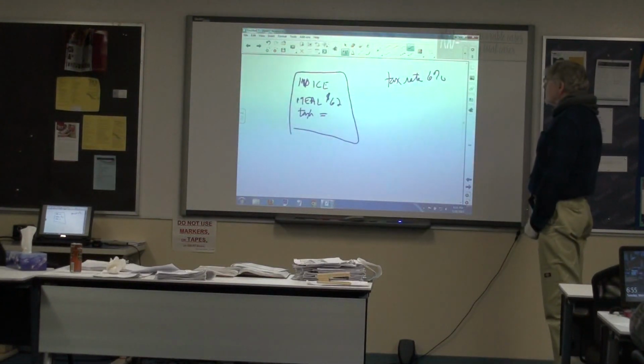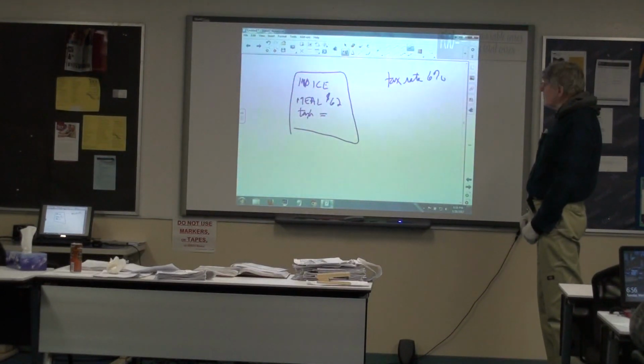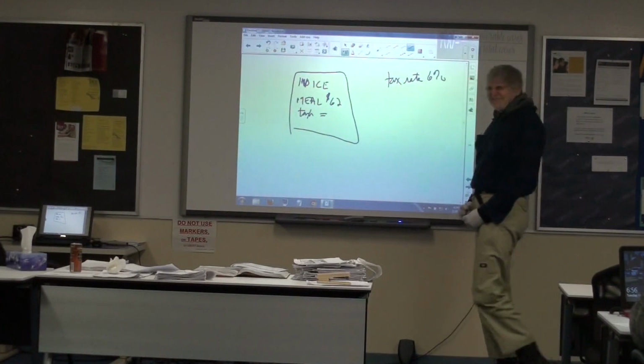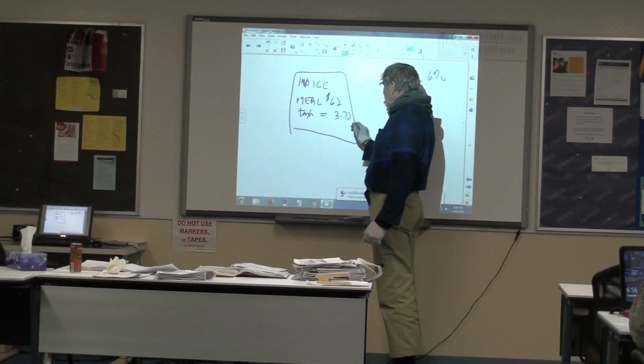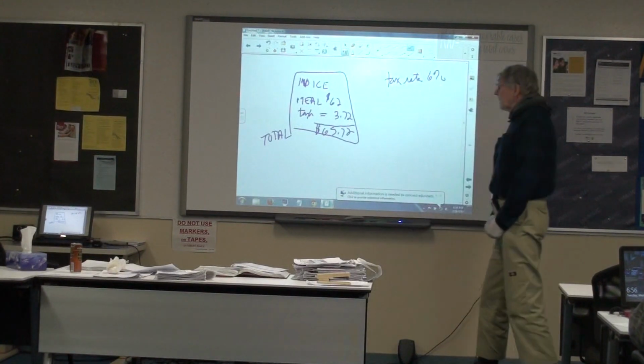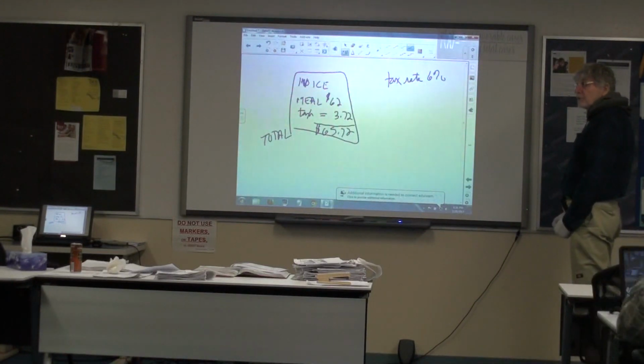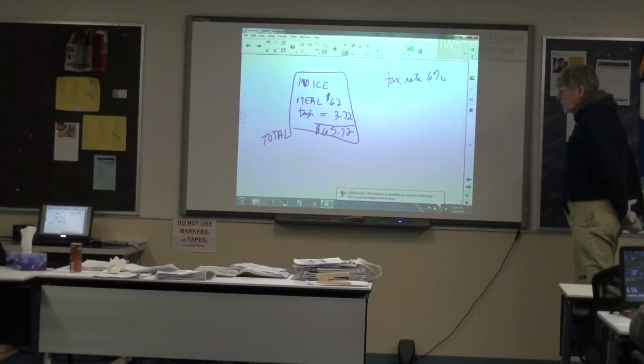How much money is the amount of the tax at a 6% rate? 3.72. So what we get is 65.72 for the total. So the same thing happens with tax rates, or tips if you tip, or commissions if you're a real estate salesman, or things of that sort. They all work exactly the same.